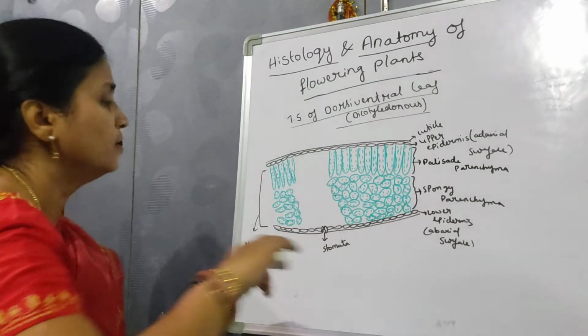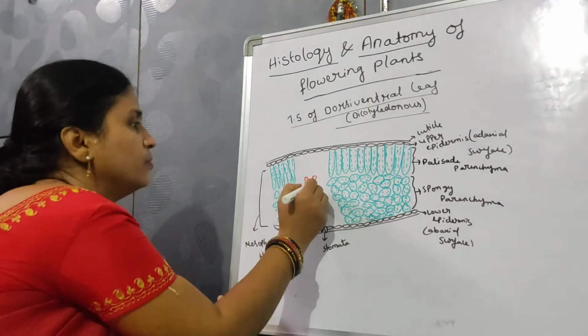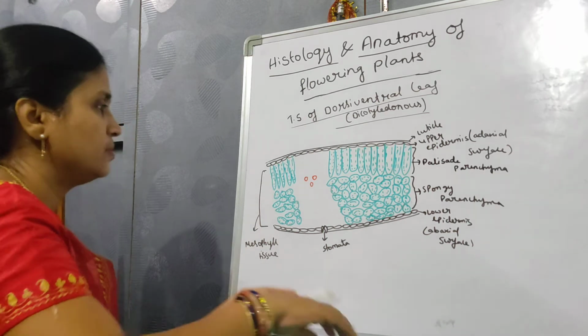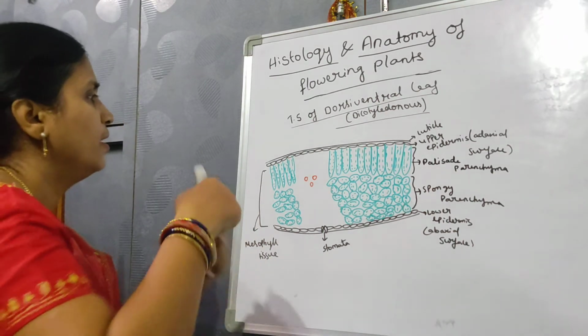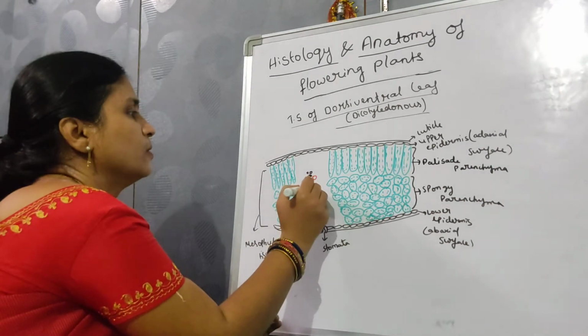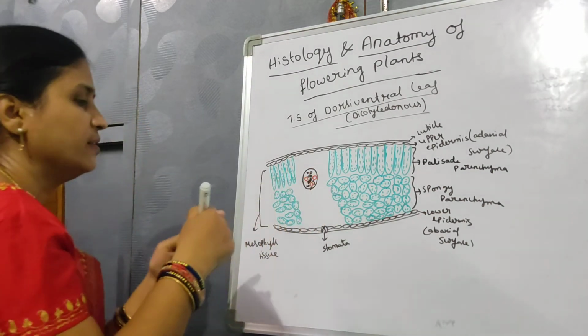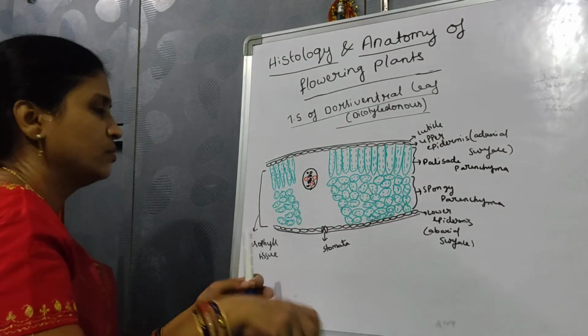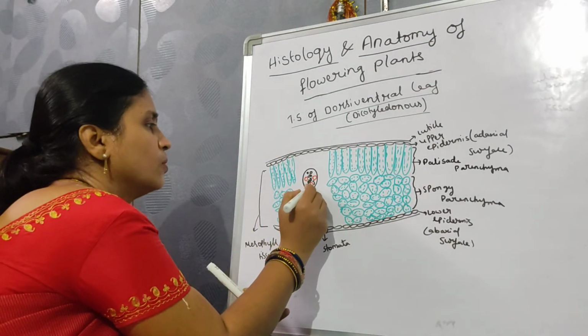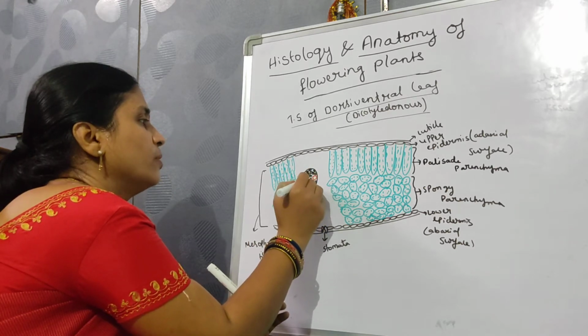Coming to the vascular bundles, this is the xylem, and these are the xylem and phloem cells.